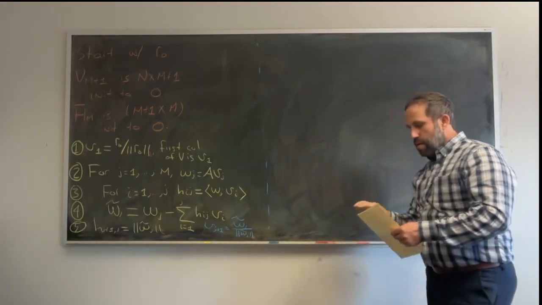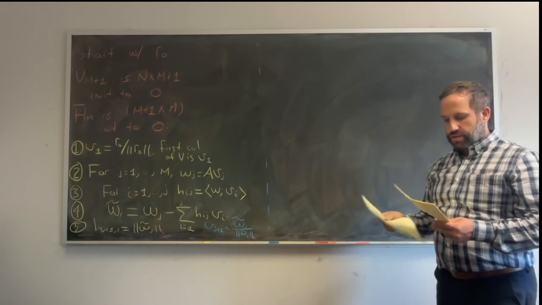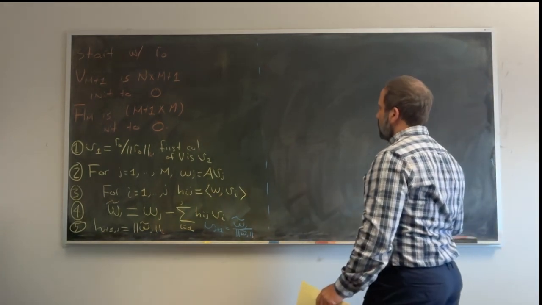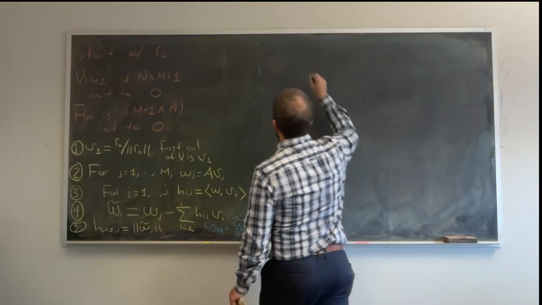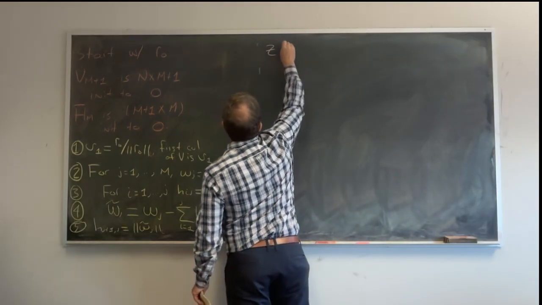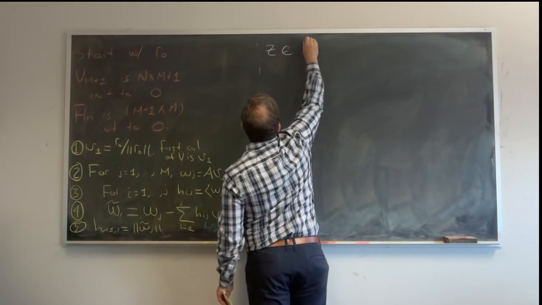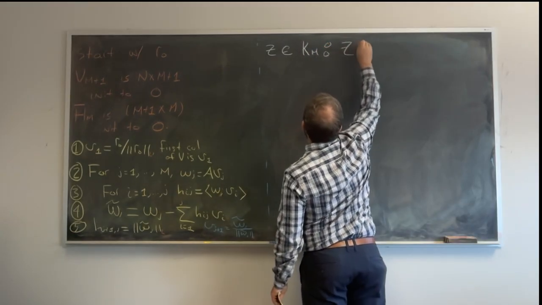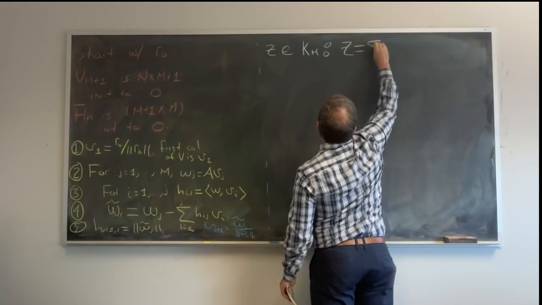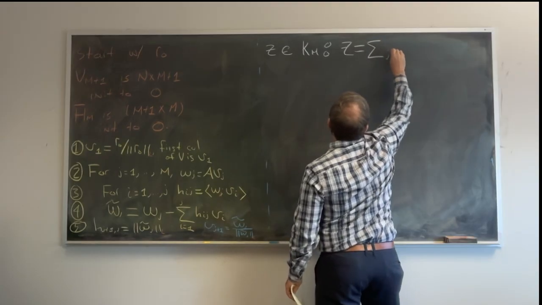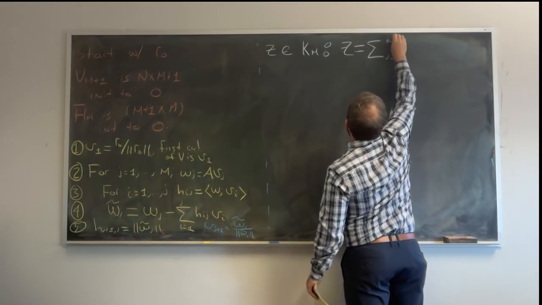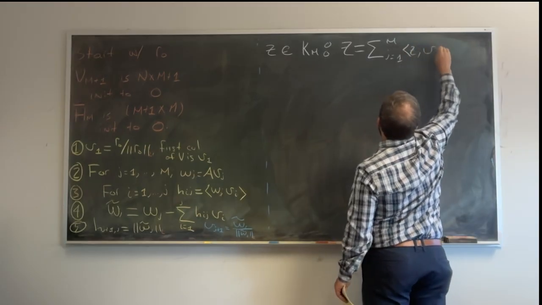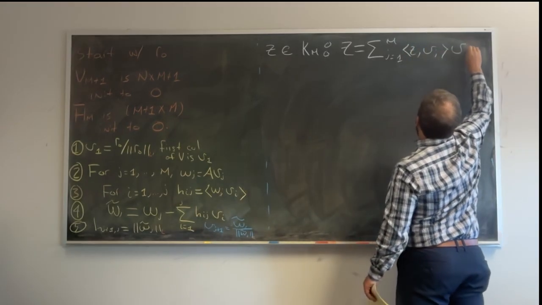Let me just give you an explicit computation so that we can see what this means. So let's say that z is in my space Km. Then I can write z as a linear combination, j equals 1 to m, of the inner product of z and vj times vj.